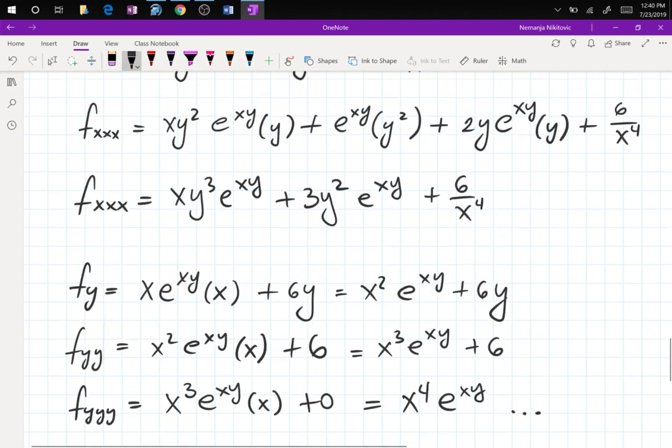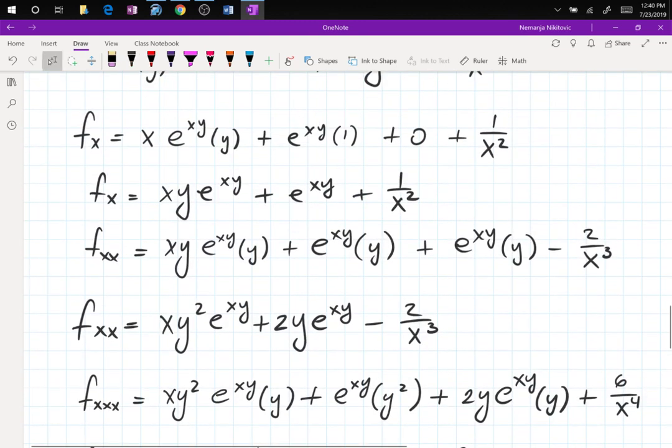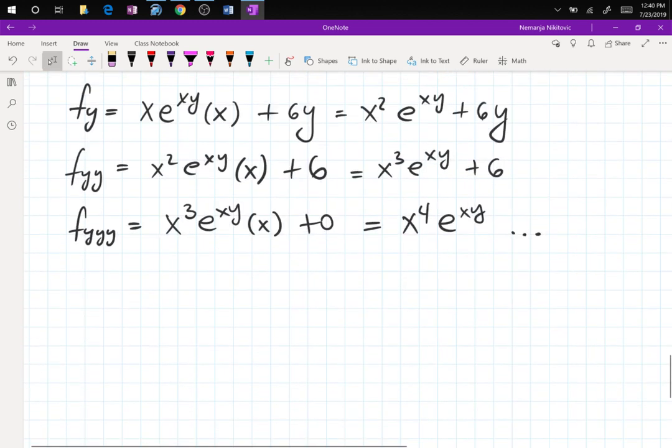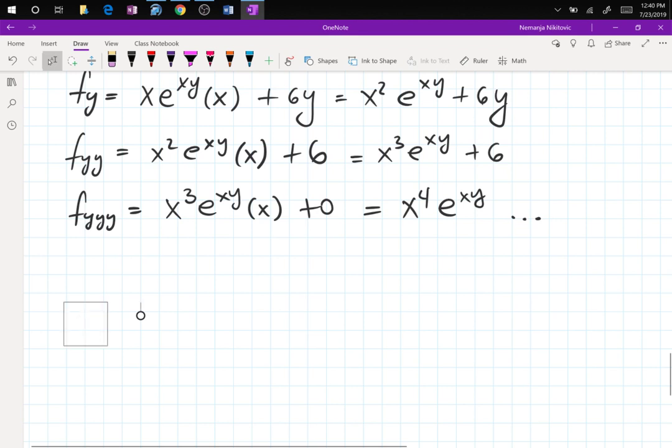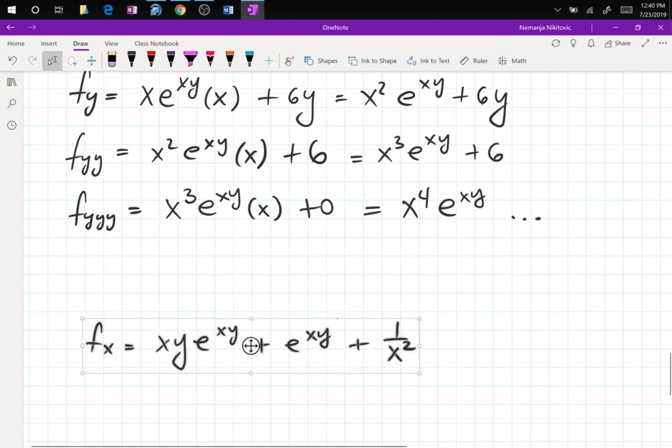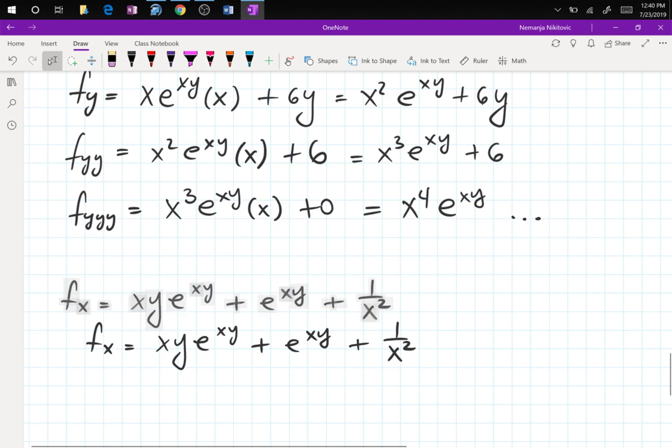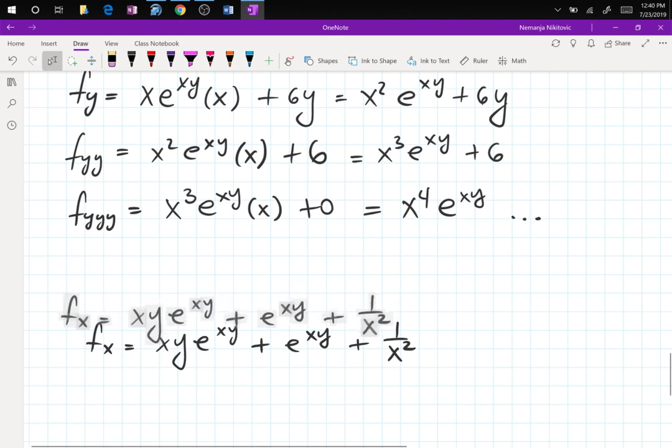Copy your simplified version of the first partial derivative. You select it like this and push copy. There we go. Let's put it here.